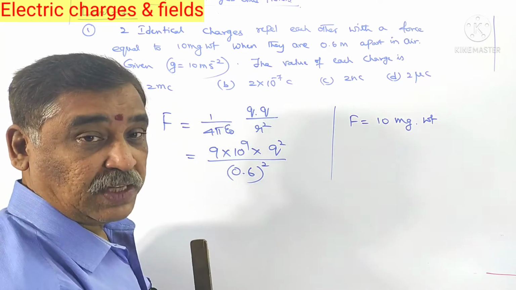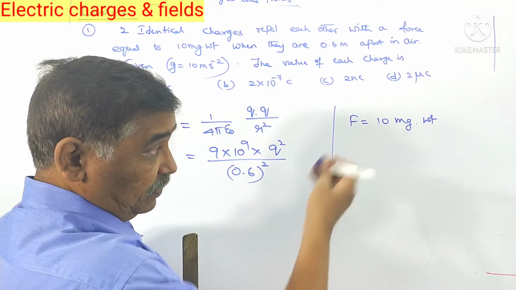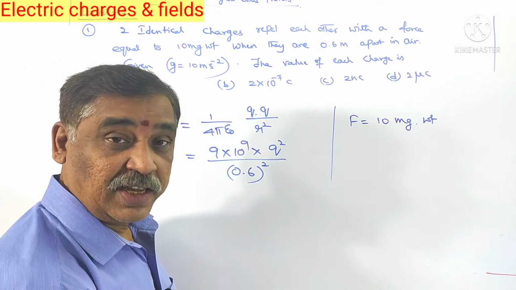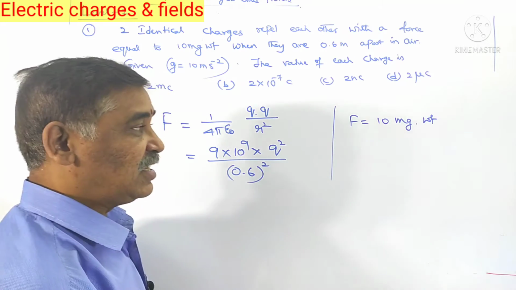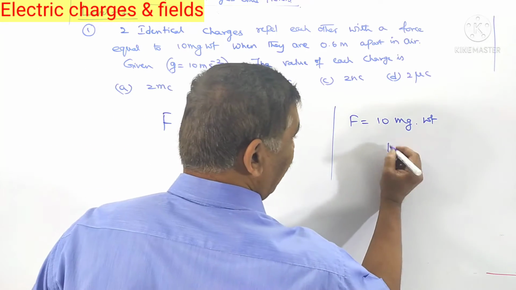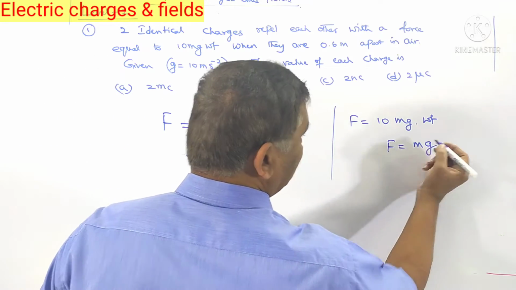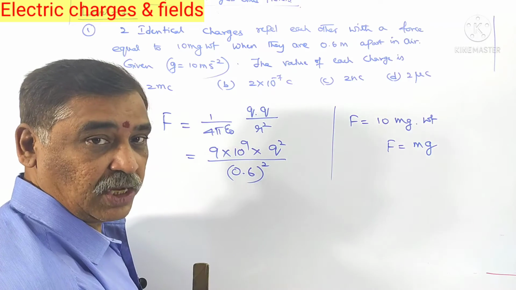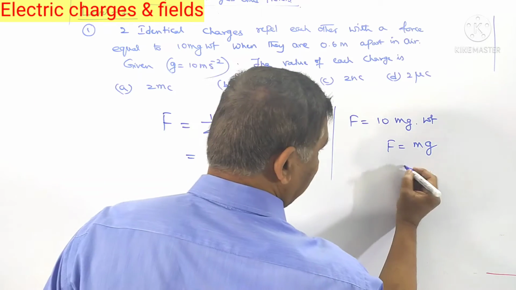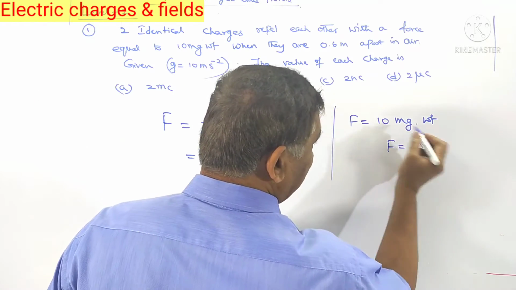Sometimes force is expressed in terms of gram weight, kg weight, milligram weight, like this. What we should do is use the formula F is equal to mg, because F should be in terms of Newton. Mass given is 10 milligram.